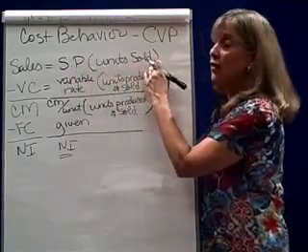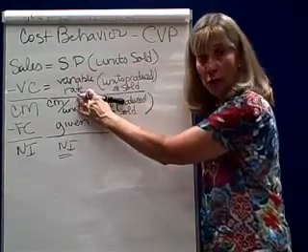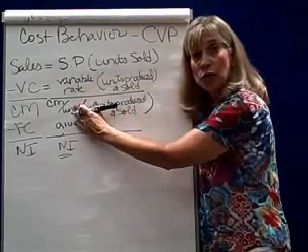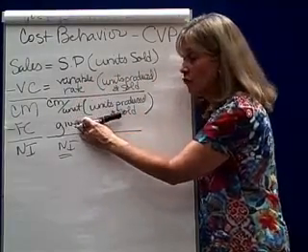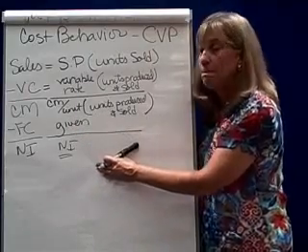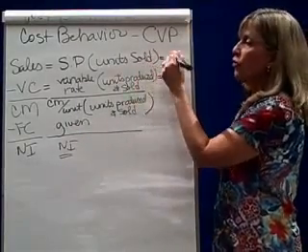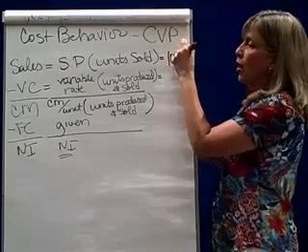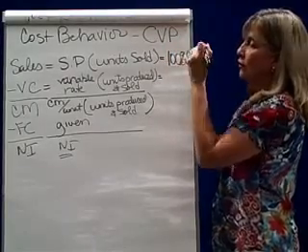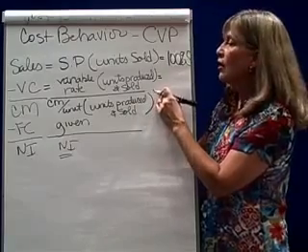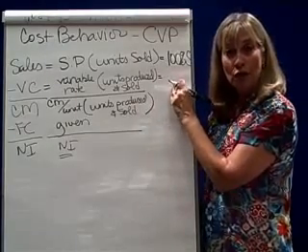So selling price times the units sold minus the variable rate or slope times the units sold gives you your contribution margin per unit minus your fixed cost is net income. Another way you could say this is, would you agree that sales are equal to 100% of sales? So variable costs can be expressed as a percentage of sales.